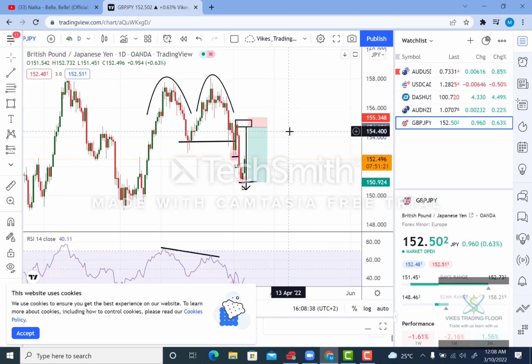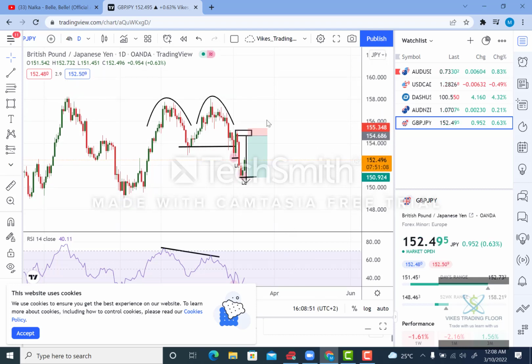In this example, we've been looking at the second scenario, where we wait for the neckline to be broken, then wait for the retest to consider taking the position. So in our daily time frame, we've seen the M pattern with a very strong divergence.